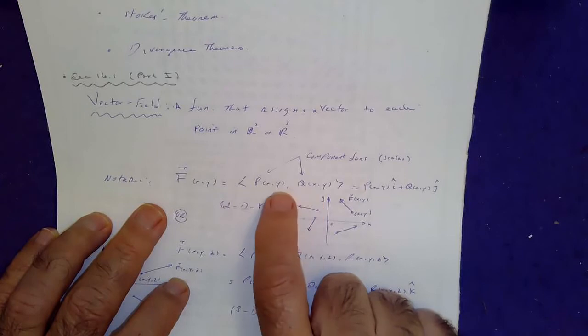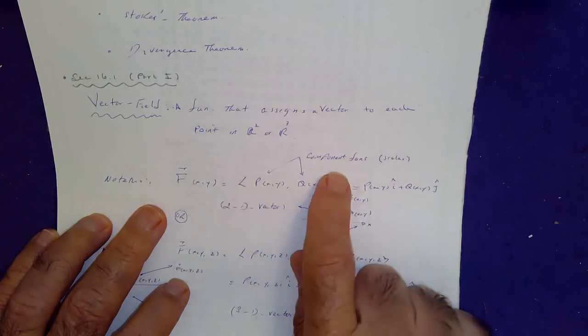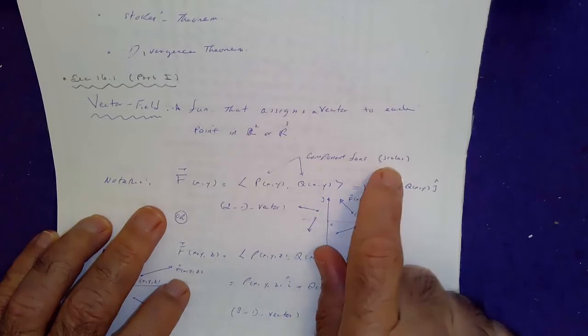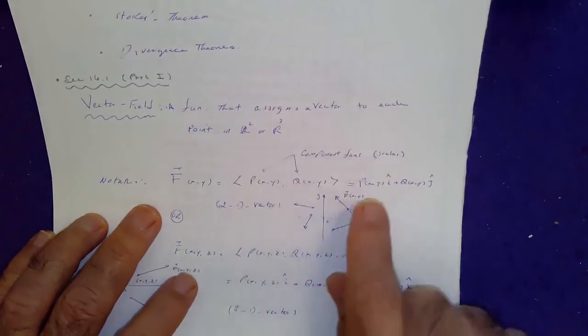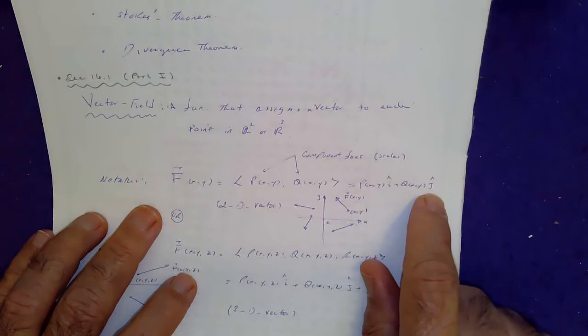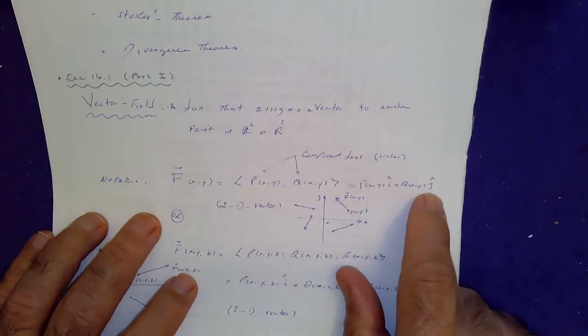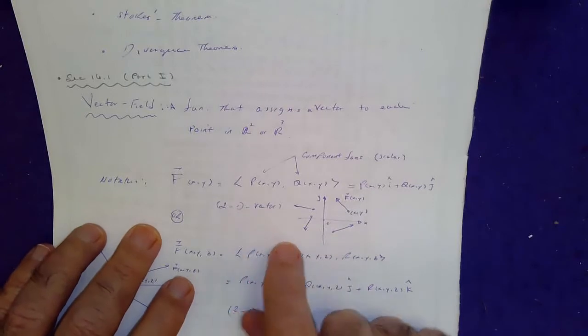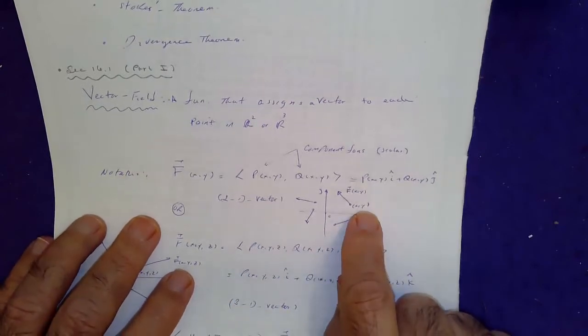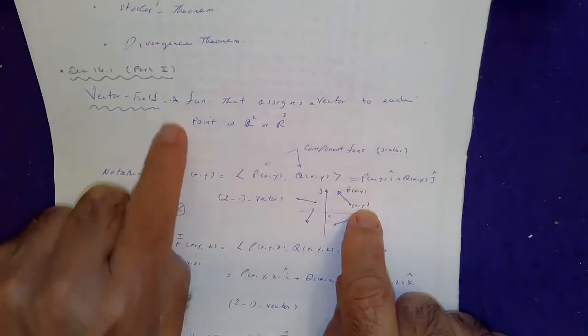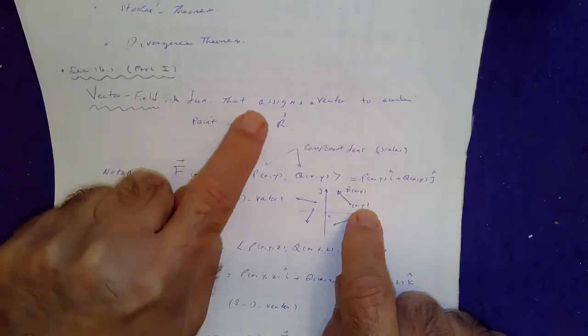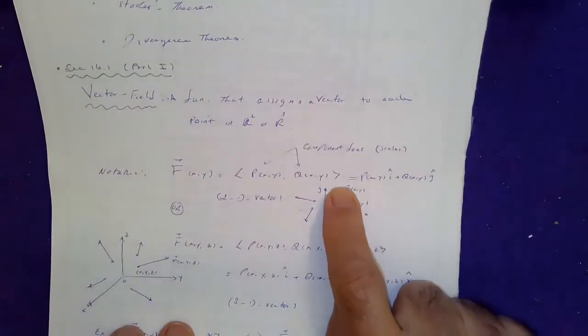And the x and y components are some functions of x and y. So these are component functions, which happen to be scalars. You can also write it as a linear combination of i and j, so you can write this as Pi plus Qj. So in 2D, for every ordered pair you select, the vector field, which is a function that assigns a vector, generates a vector.